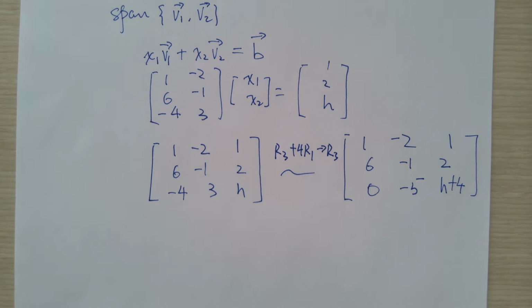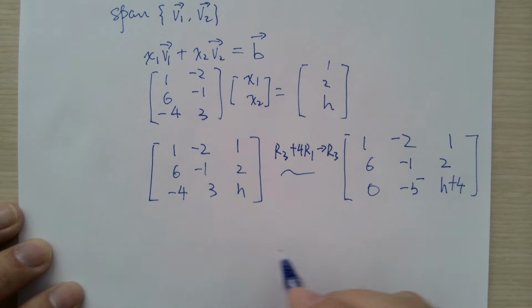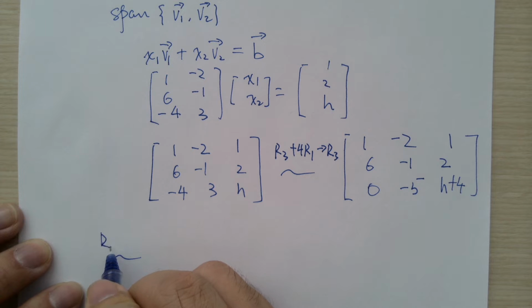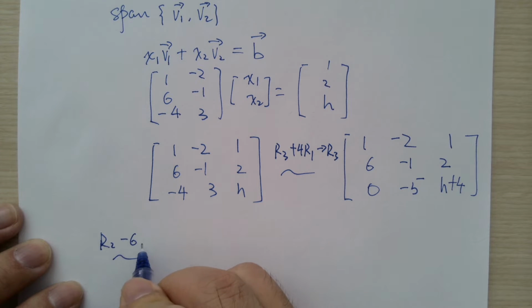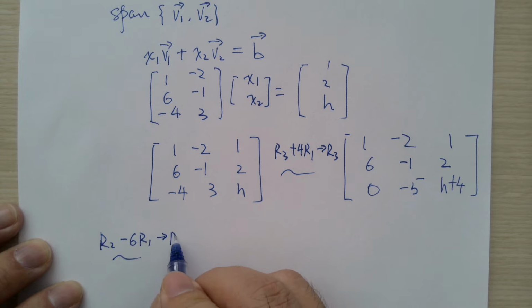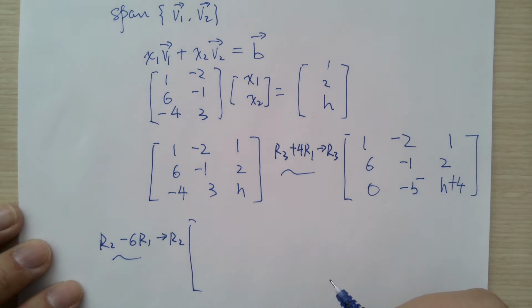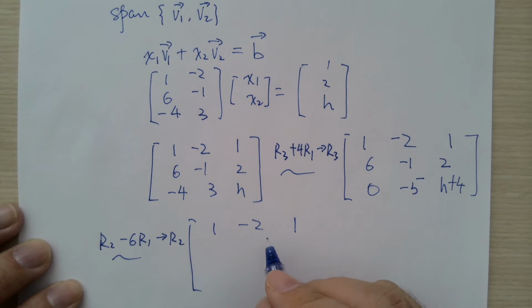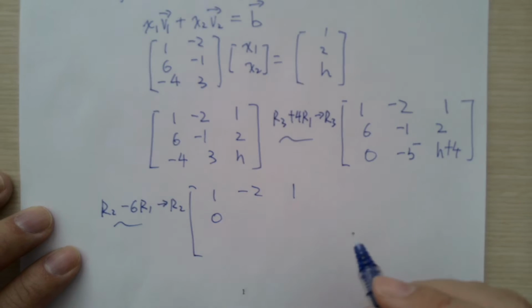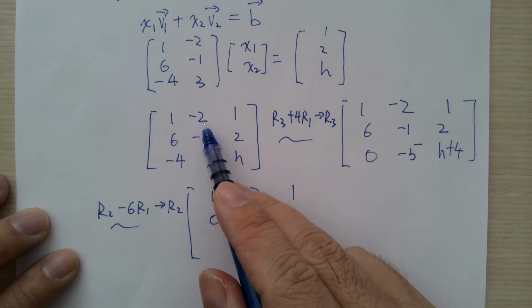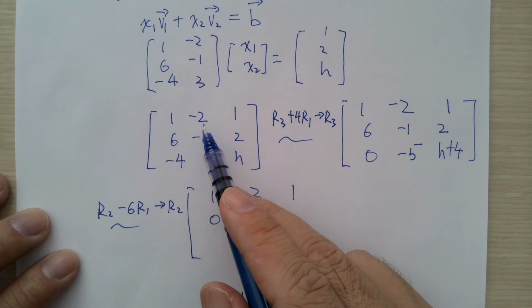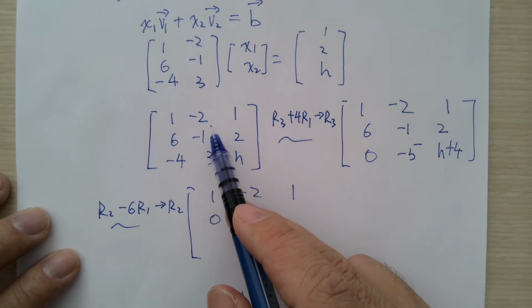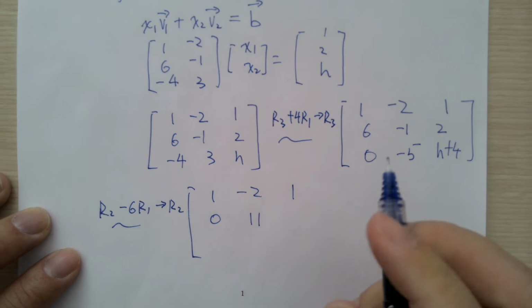Okay, and then we can keep going, letting row 2 minus 6 times row 1 become the new row 2. That gives us 1, -2, 1, 0, and this minus 6 times this becomes plus 12, so it's 11.